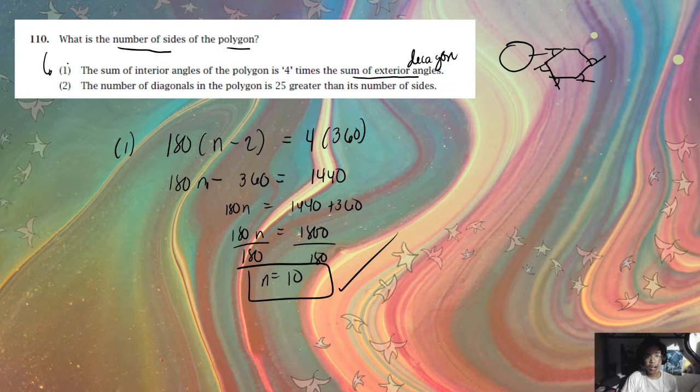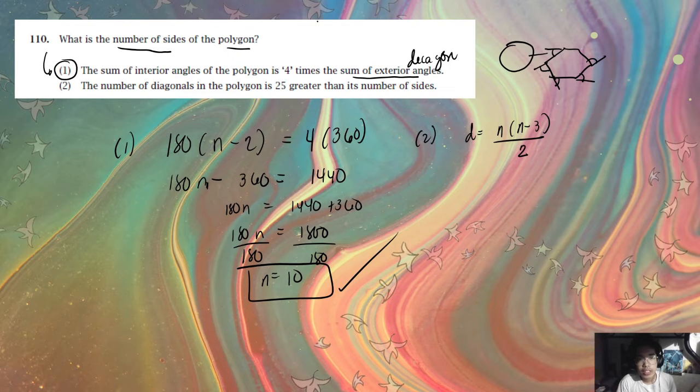Just by examining this given, let's see if the data that's been given to us is sufficient for the second given. The number of diagonals in the polygon is 25 greater than the number of its sides. Now, there's a formula for finding the number of diagonals in a polygon. So D, that's the number of diagonals, is equal to n times n minus 3 divided by 2.